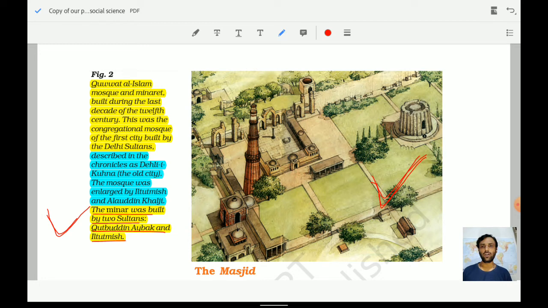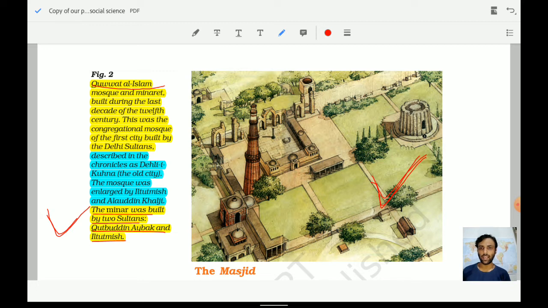This was the congregation mosque of the first city built by the Delhi Sultanate. So remember this mosque, Quwwat al-Islam. Then in the blue, it described the chronicles as the Dahliya-Kunha, the old city.